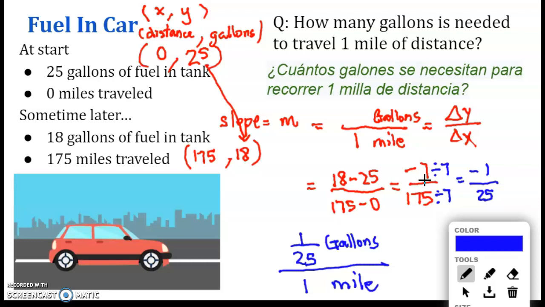So 1 over 25 tells me how much of y, how many gallons, we're using when the distance is changing by 1. And notice that this is negative. Why is it negative? Because the fuel in the gas tank is actually going down. It's not going up. As you are traveling, the fuel gauge is going down.